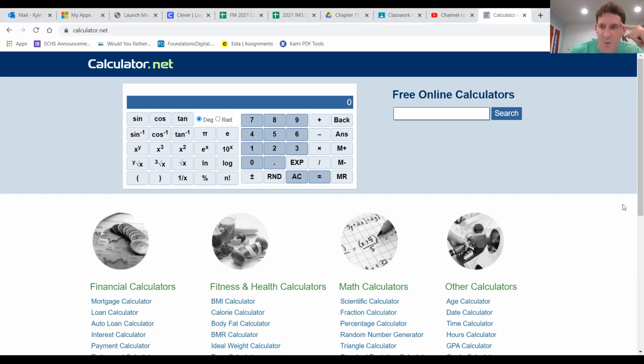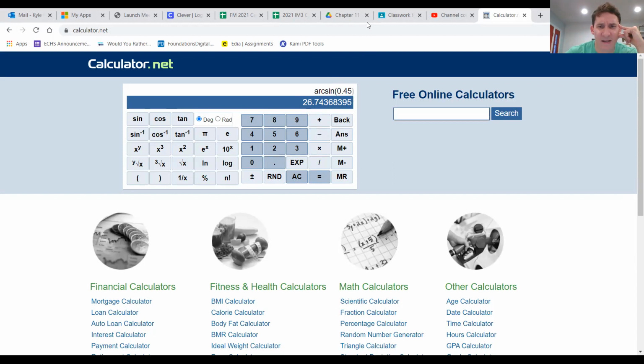Our problem was the inverse sine of 0.45. So let's see how this works. Sometimes it might say inverse sine. So the measure of angle A is 26.74 degrees. On some calculators, you'll have to push the second button to do that.